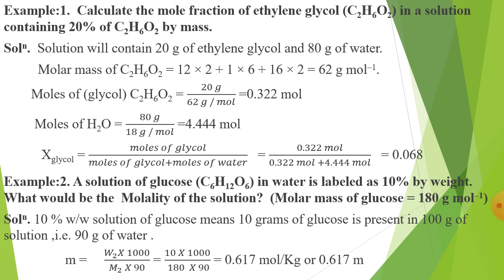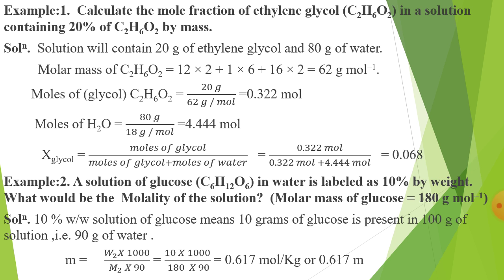Now, we have to look at some examples based on concentration terms. Example number 1. Calculate the mole fraction of ethylene glycol, formula C2H6O2, in a solution containing 20% of C2H6O2 by mass. Here 20% by mass means 20 gram of glycol plus 80 gram of water.